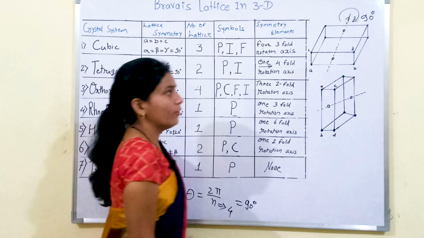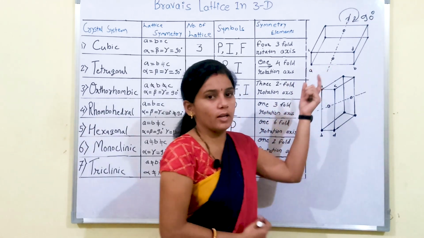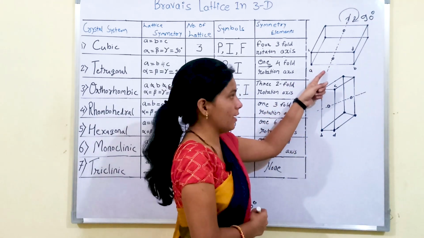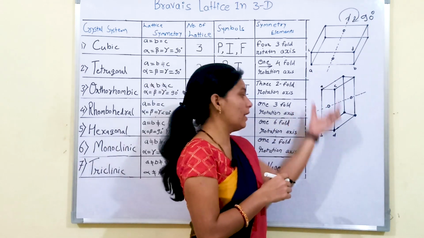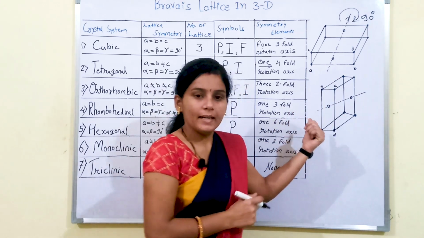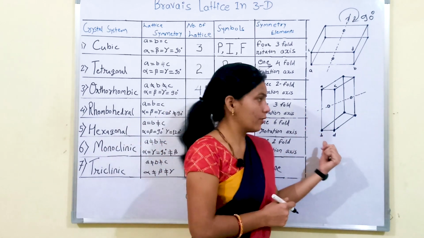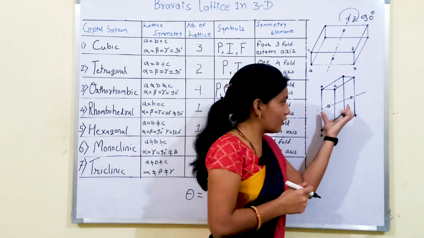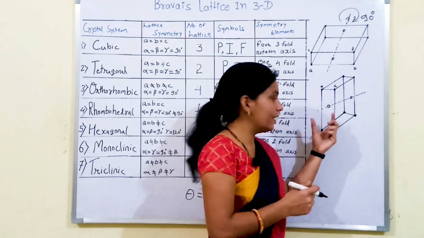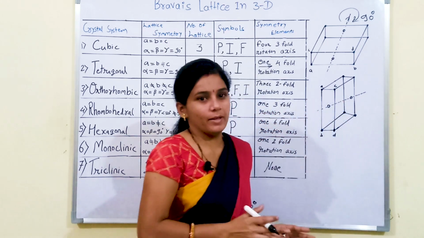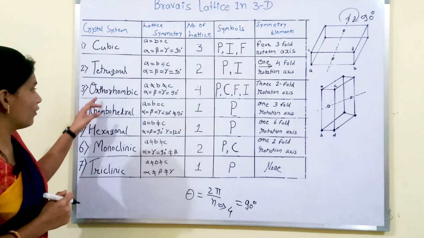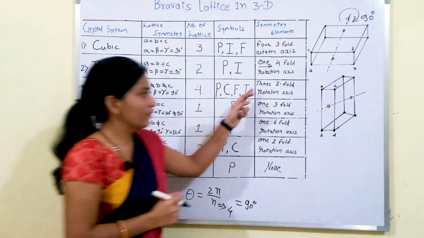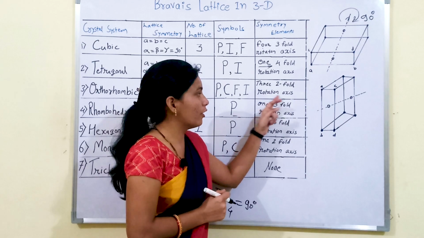So if we rotate this tetragonal along this rotation axis in the 90 degree, we will get a similar tetragon or similar lattice. The orientation of this rotation axis changes, but the lattice is similar. The lattice is tetragonal.